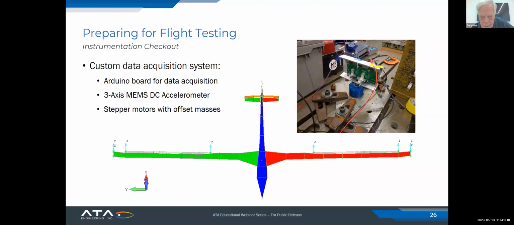The frequencies were essentially along the frequency of the mode shape there. But it was a nice, relatively cheap approach to take.